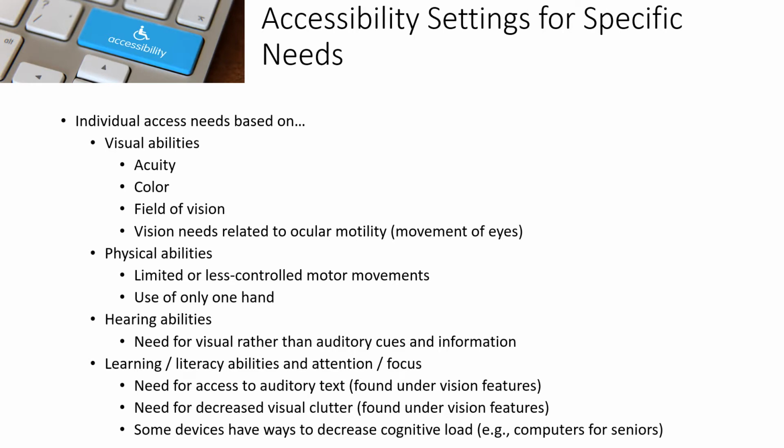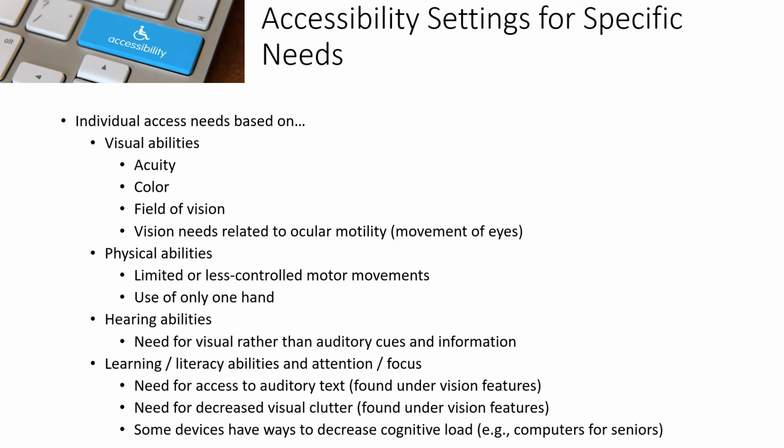In terms of the types of features that are built in that can help for vision, for people who have low acuity, in other words, low crispness, sharpness of vision, that's when we talk about somebody being nearsighted or farsighted, the crispness with which someone sees things in terms of distance, color, field of vision, ocular motility, in other words, someone who has trouble tracking information because their eyes move around too much or their eyes are not equally aligned.